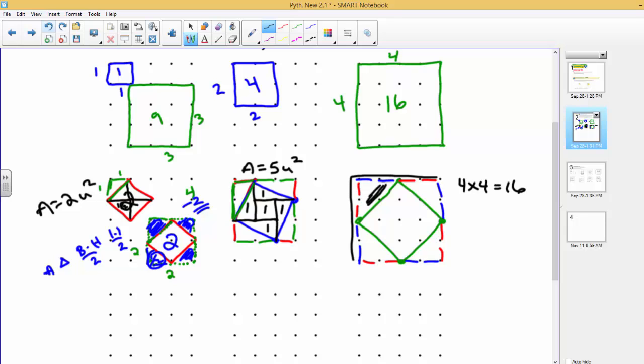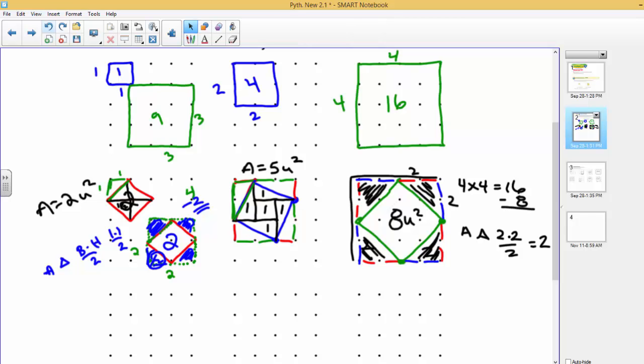And then each of these triangles are 2 by 2s. This is 2 and this is 2. So each of these triangles, the area of the triangle is 2 times 2 divided by 2, which is 2. So this is also 8 that we're taking away. So we've taken away all the black business, and we're left over with 8 units squared.